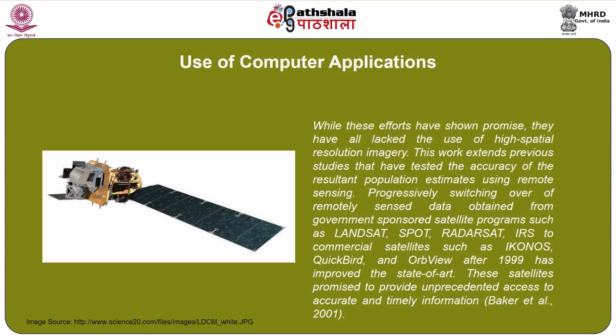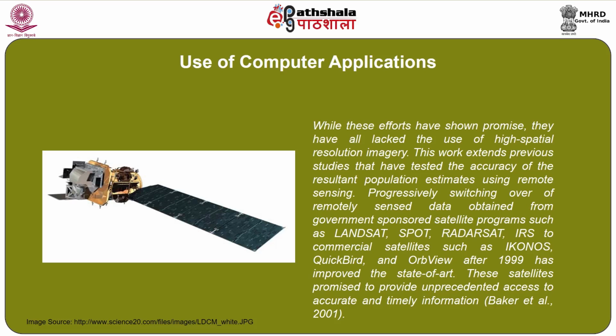While these efforts have shown promise, they have all lacked the use of high spatial resolution imagery. This work extends previous studies that have tested the accuracy of the resulting population estimates using remote sensing.